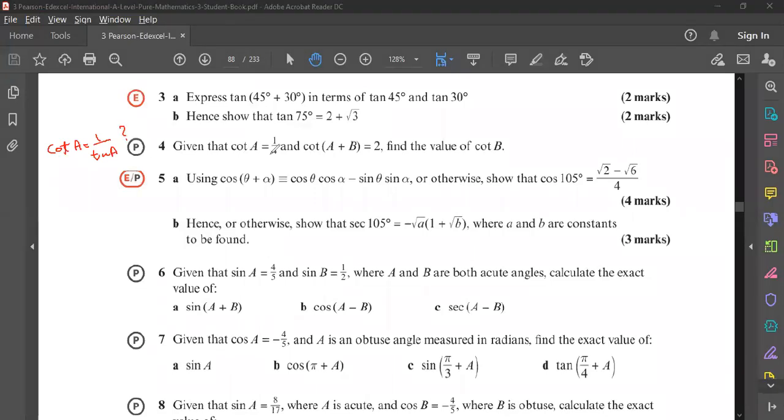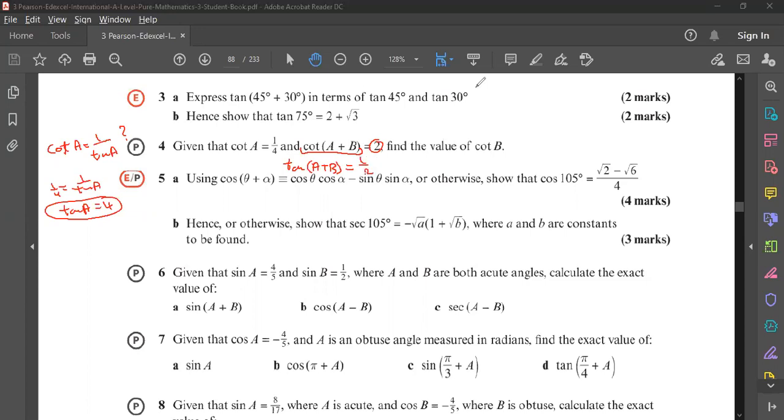تمام. إذن as cot A is 1 over 4, it means 1 over 4 equals 1 over tan A. Cross multiply means tan A is equal to 4. Now, cot (A plus B) is 2, so tan (A plus B) is equal to 1 over 2.